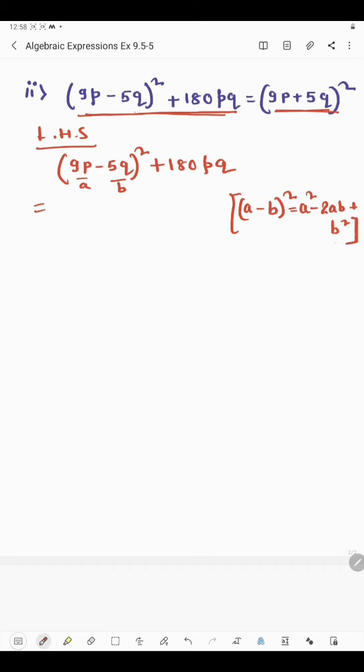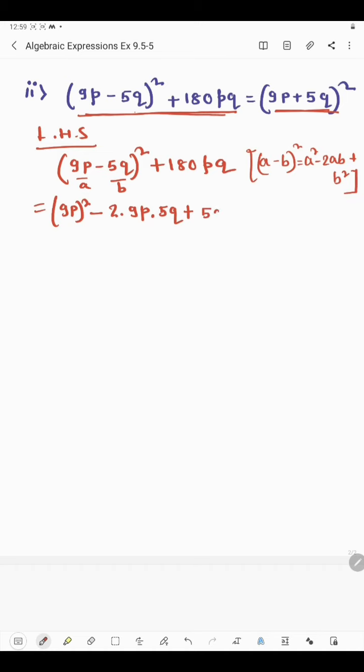Okay, so A is 9p here, so it's (9p)² minus 2 into A, which means 9p, into B, which means 5q, plus B², so it's (5q)². Plus the last term will remain the same, which is 180pq.